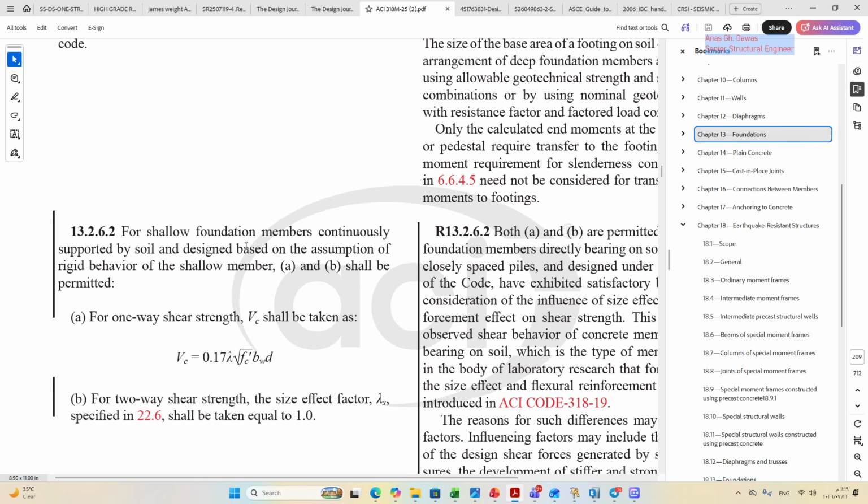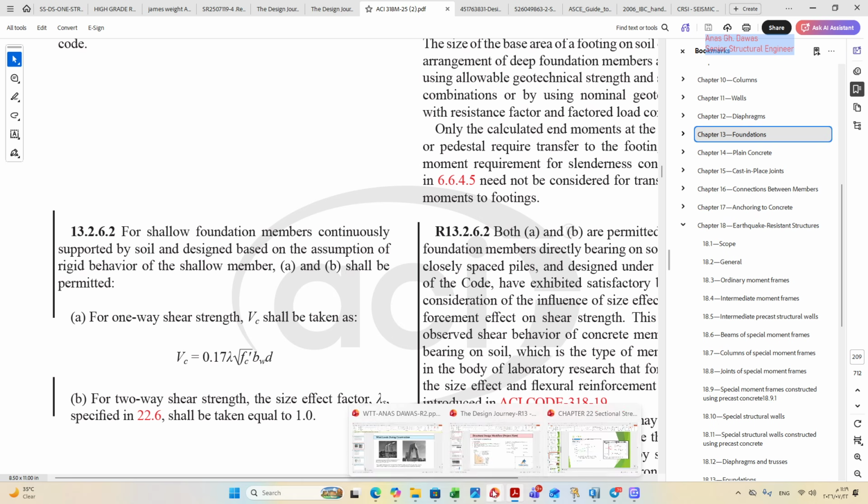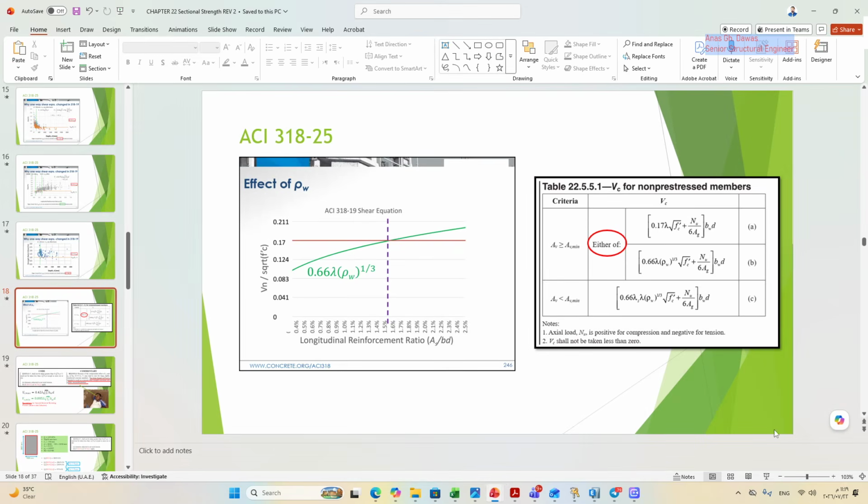For shallow foundation members continuously supported by soil and designed based on the assumption of rigid behavior of the shallow member, A and B shall be permitted. As you can see now, the code permits you to use this equation also without the size effect factor. But before, at the time of using 318-19, we had to use equation C.